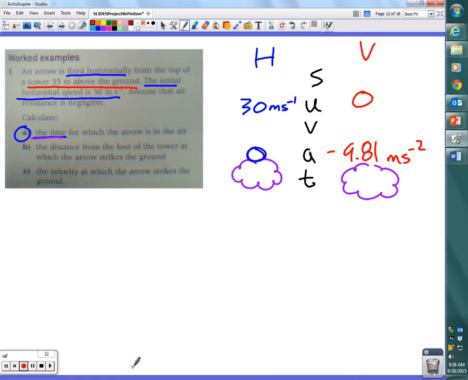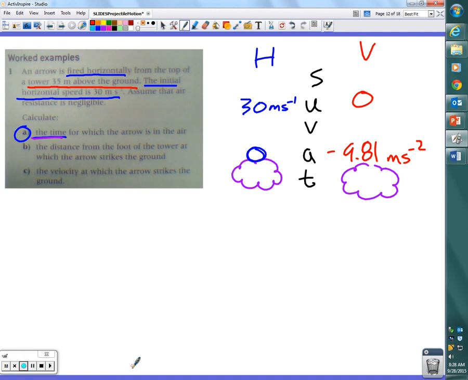A tower 35 meters above the ground. That's where the arrow starts. Where does it end up eventually? 0. On the ground, right? So if something starts 35 meters above the ground, but ends up at 0 on the ground, what can we use that to figure out?